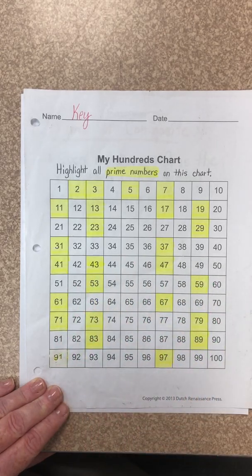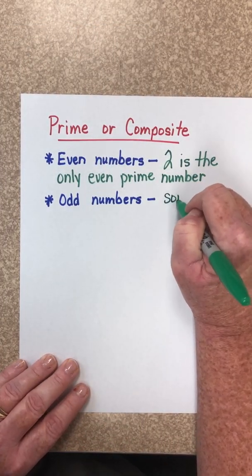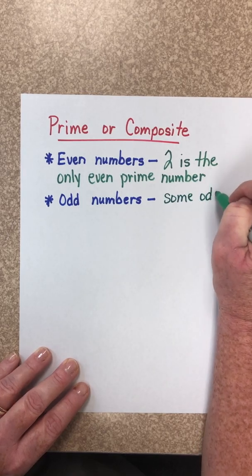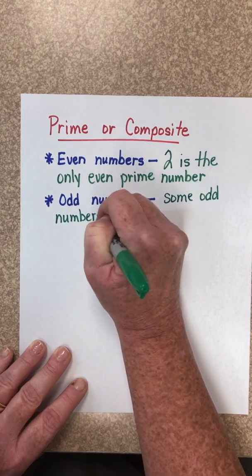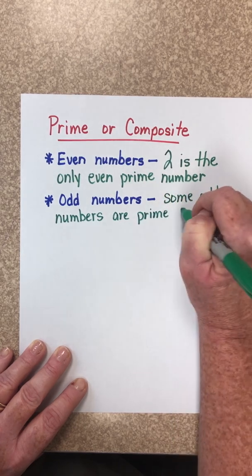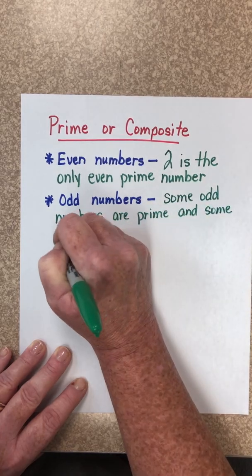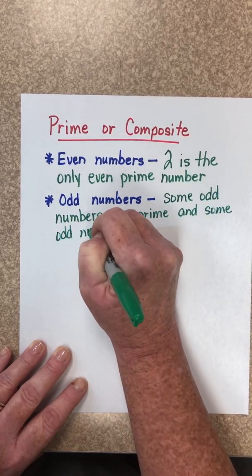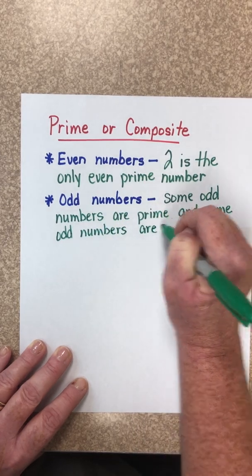They are all odd numbers, but that doesn't mean that all odd numbers are prime. So we have some odd numbers are prime, and some odd numbers are composite.